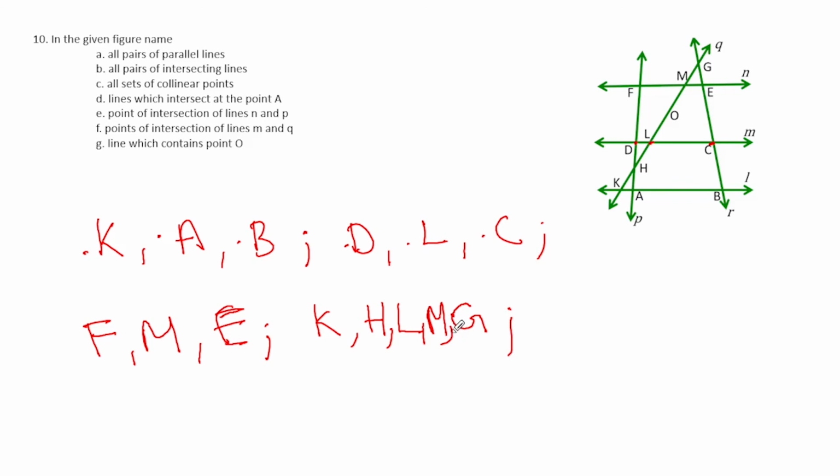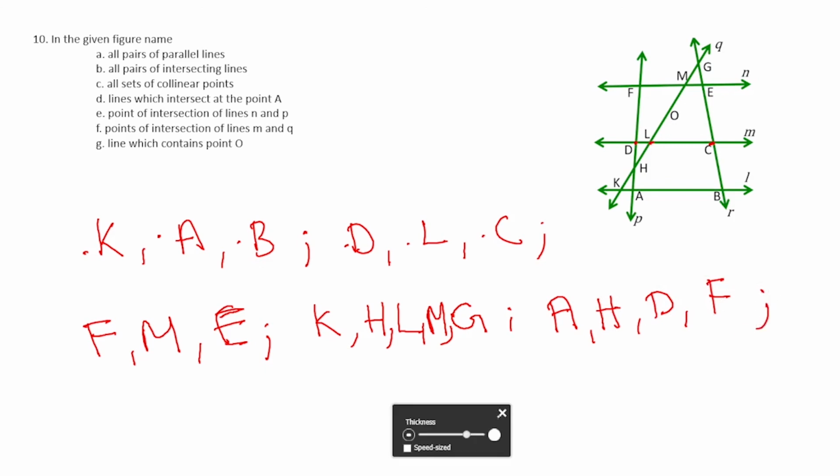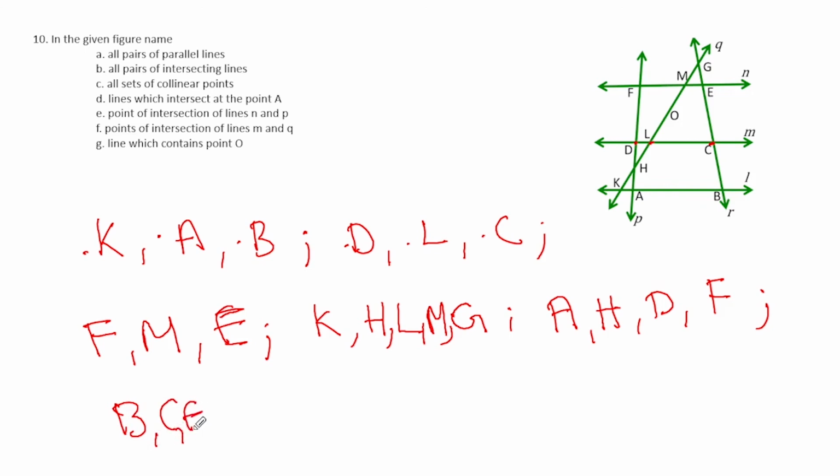Then AHDF. Then we have BCEG. Yeah, that's it. We don't have any other sets of collinear points.